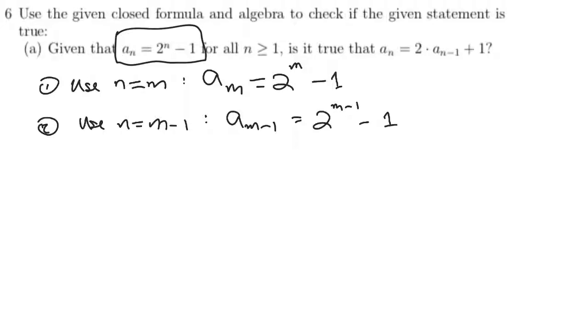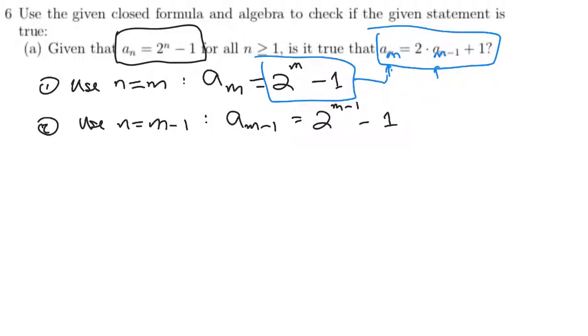So if I want to check this statement in blue, this is looking at a relationship between a sub something and a sub whatever's previous. So if I want to see if these two things are really equal, this is really an algebra issue. And again, I'm going to do this not with n's here, but with m's, just because it's easier for me to think about changing the subscripts. So on the left side, a sub m is exactly this.